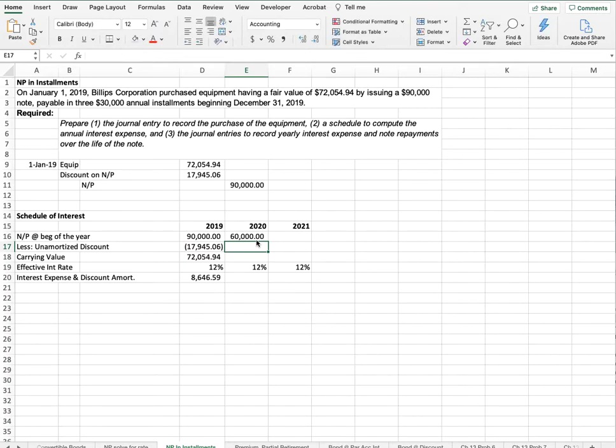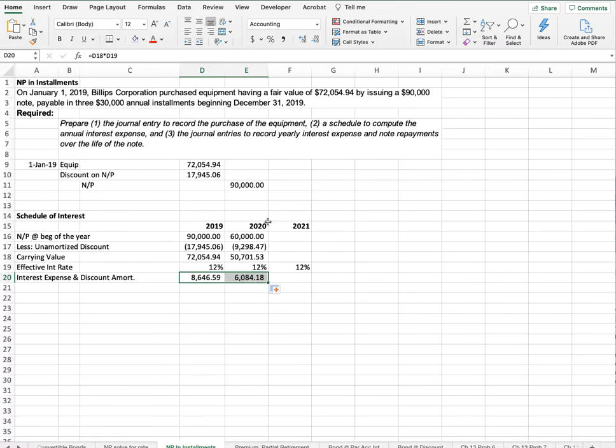The unamortized discount is going to be our previous discount, and then we can add this $8,000 to it because that already has been amortized. So we have a total of $9,298.47. This formula we can go ahead and drag over, as well as this one.